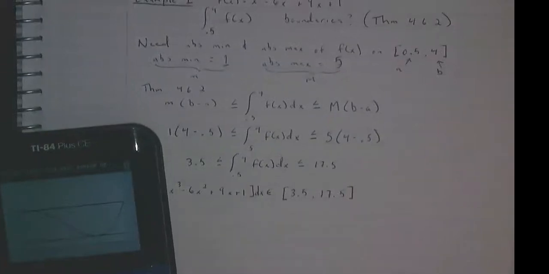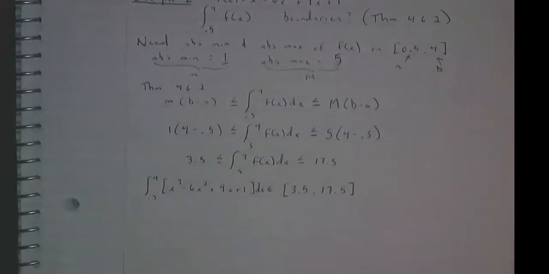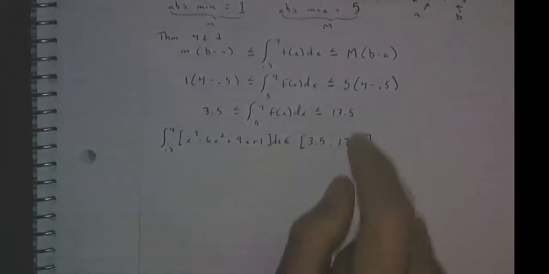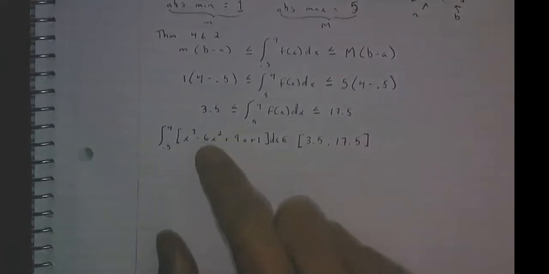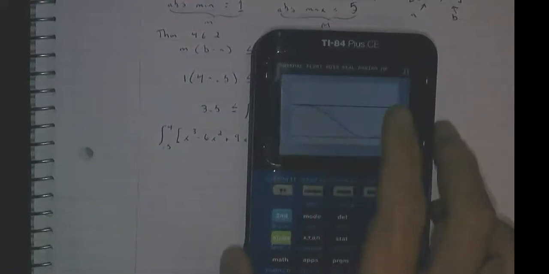Okay, thank you. And the reason that we do it is because now we have at least a ballpark for this amount, because we, at this point in our lives, can't compute this. Maybe you learned this in geometry, but I did not learn how to figure out the area of a cubic function. I learned circles and triangles and squares, but definitely not areas that look like that.